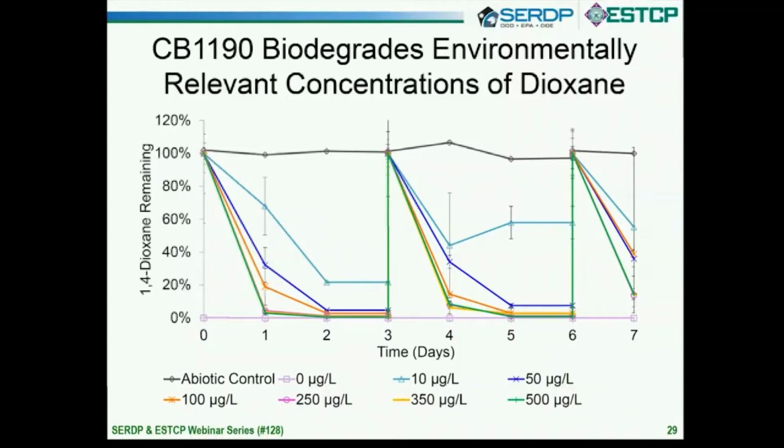But we understand more about the microorganism now and the conditions, and we have updated kinetics, Vmaxes and Kms, and 10 ppb, 50 ppb is much more respectable. Higher concentrations are obviously fine. It can go up to really high concentrations, 100,000 ppb would also be good. In the light blue triangles here, we show that 10 micrograms per liter dioxane is happily degraded by CB1190, and this flat line just indicates the detection limit of my GC-MS at that time, but I suspect it could go even lower than 10.